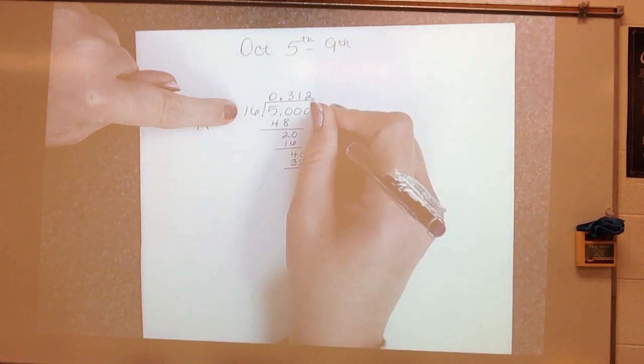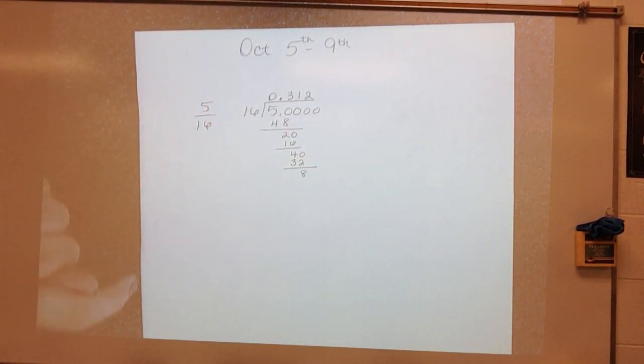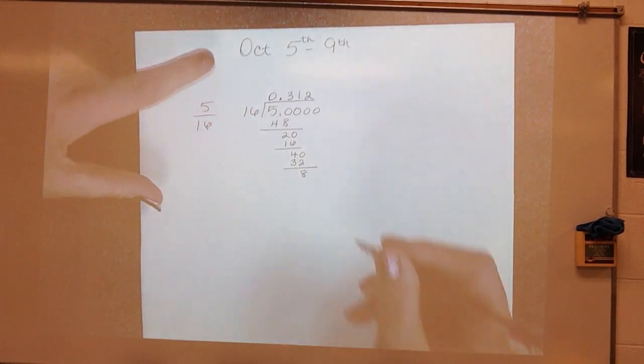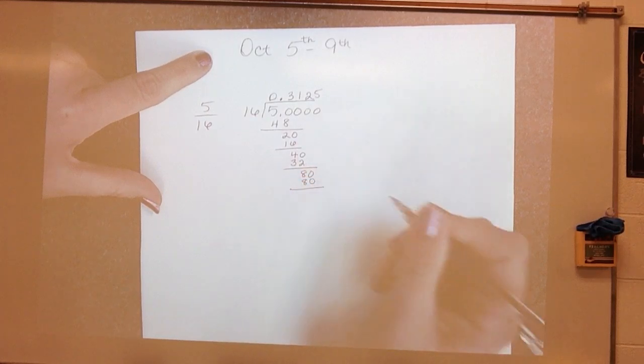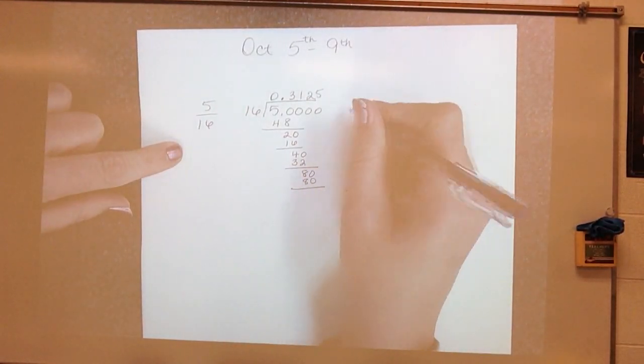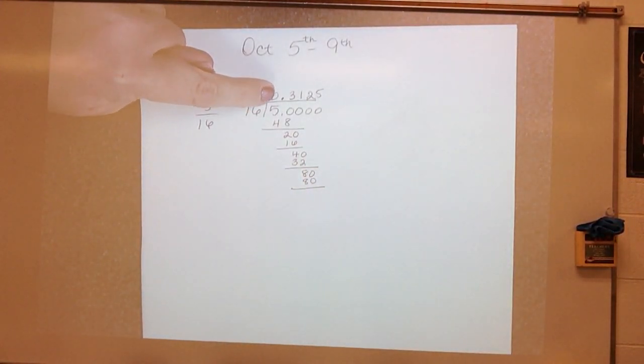And I'm going to go one more place just to see if it does terminate or end. 16 goes into 80 5 times, which is 80. So 5/16 would be 0.3125 as a decimal.